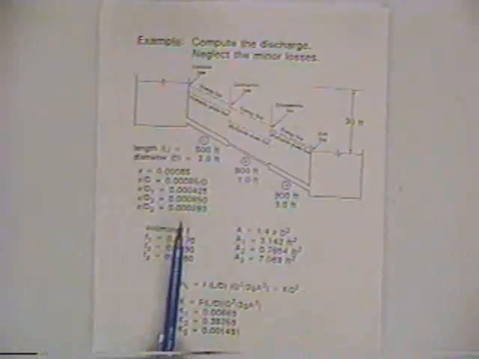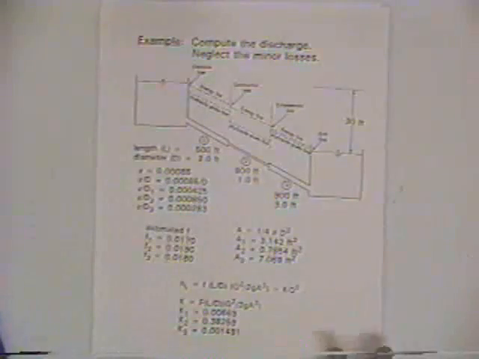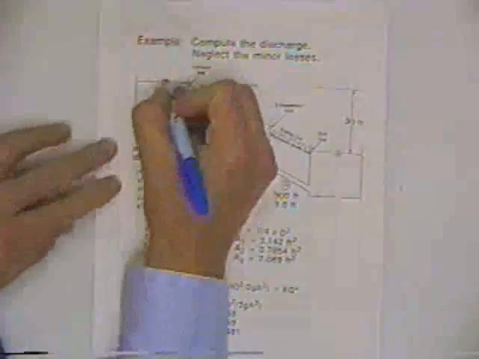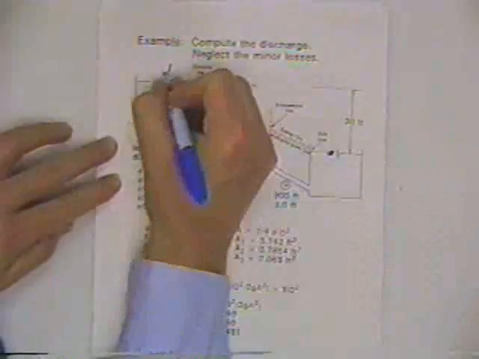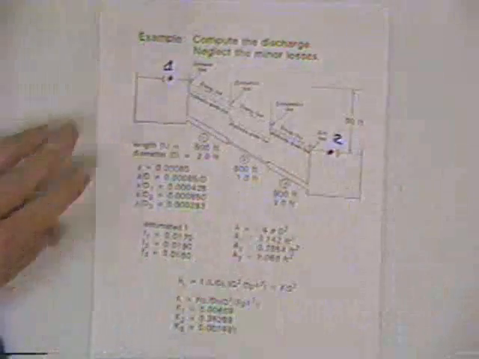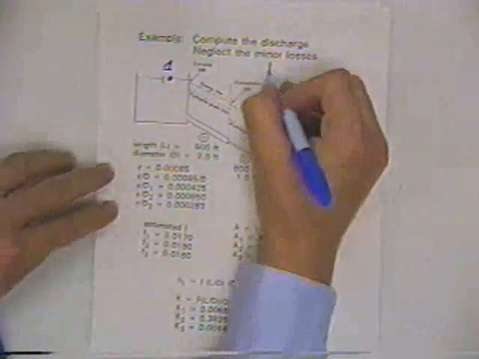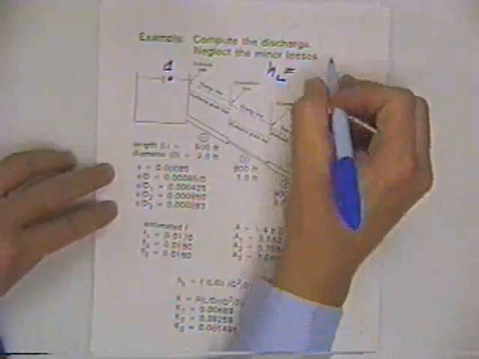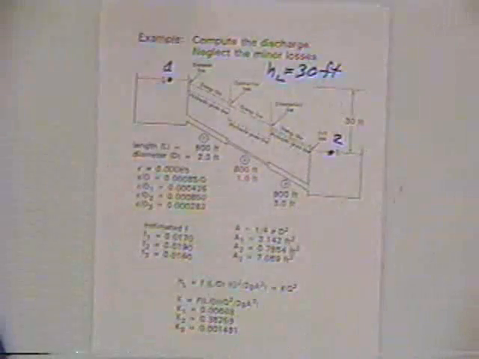What we're going to do is use the energy equation, though in the problem I didn't even bother to write it out because we've done this before. If you pick two points, a 1 and a 2, and write the energy equation between those two points, which we did a few minutes ago, you always come out that the head loss is equal to the difference in the water surface, as we did before.